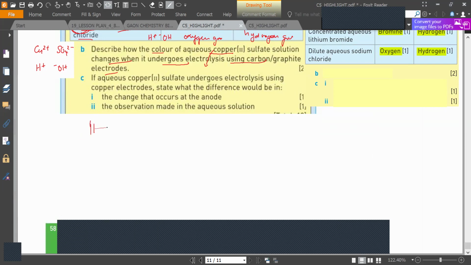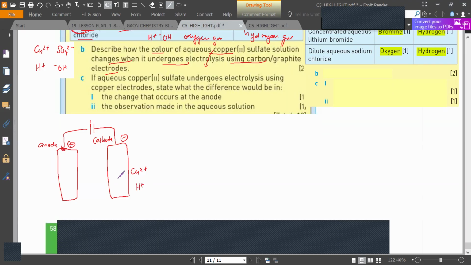So we will set up: positive anode, negative cathode. Now negative will attract positive, so copper 2+ and then H+.